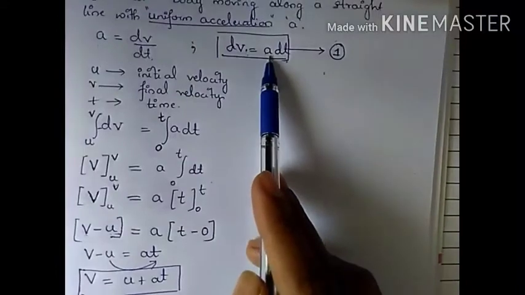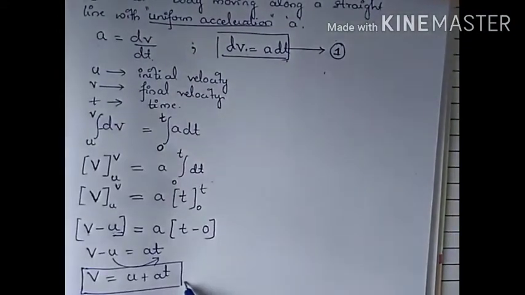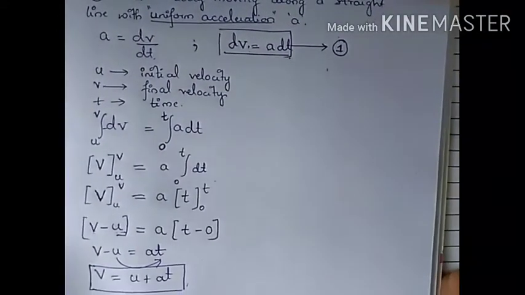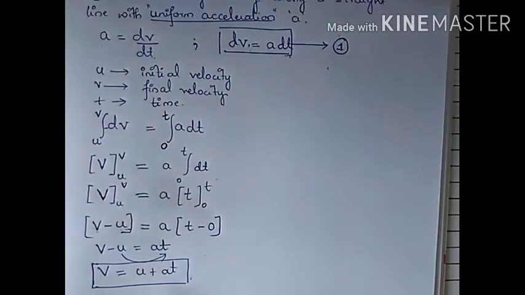So now we have derived the first kinematic equation for a uniformly accelerated body by using the calculus method.